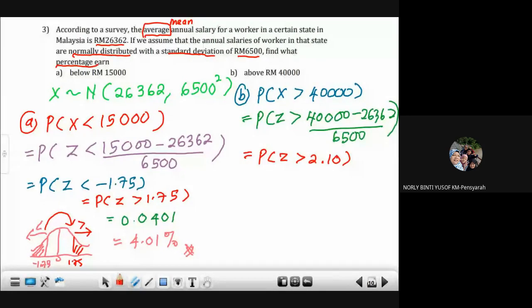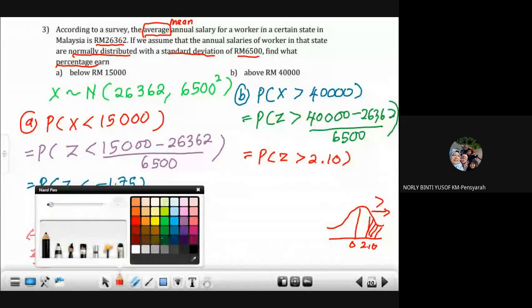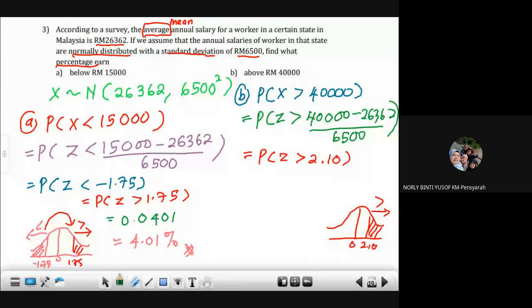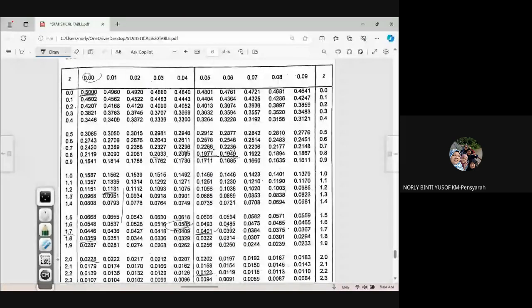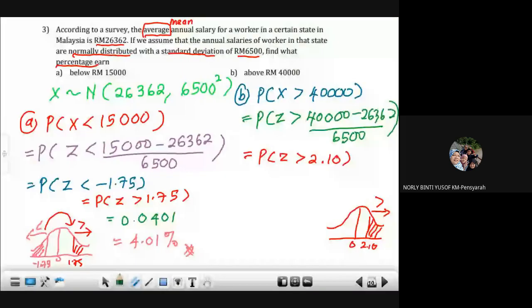Okay, so Z greater than 2.10. This shape we can read because it is greater than, the right side. So you can read your table. Read the table, 2.10, and you will get 0.0179. So you get 1.79%.